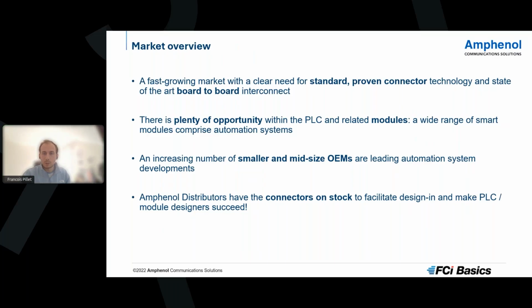This growth can be explained with the number of related modules added over time and the increasing number of features centralized into the CPU modules. Market players are diverse, and we can see small and mid-sized OEMs leading with new automation development. We can expect to address these customers also through our distribution partner. And this is why the connectors that we will show you are standard items on stock at distribution, to make designing even more simple.